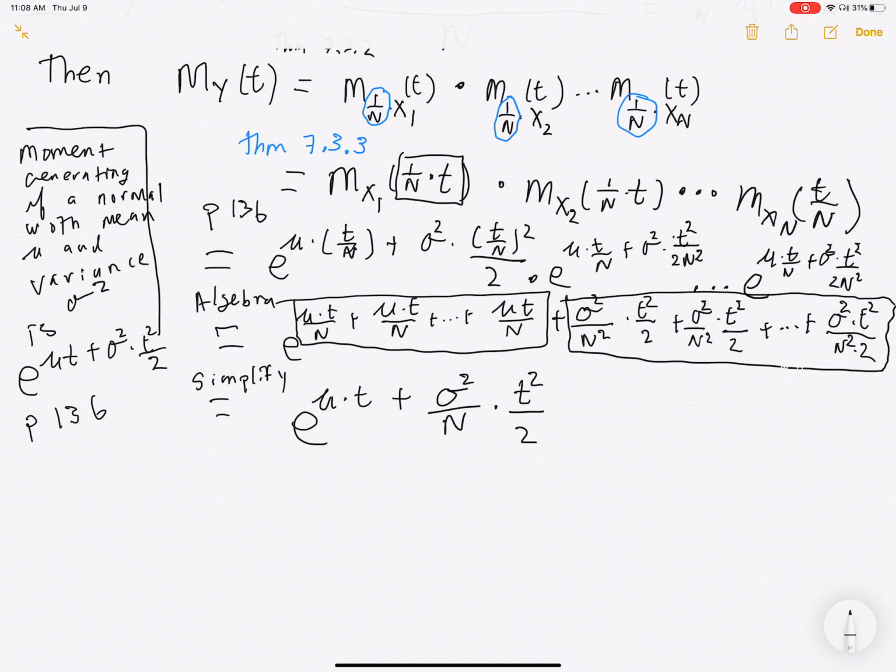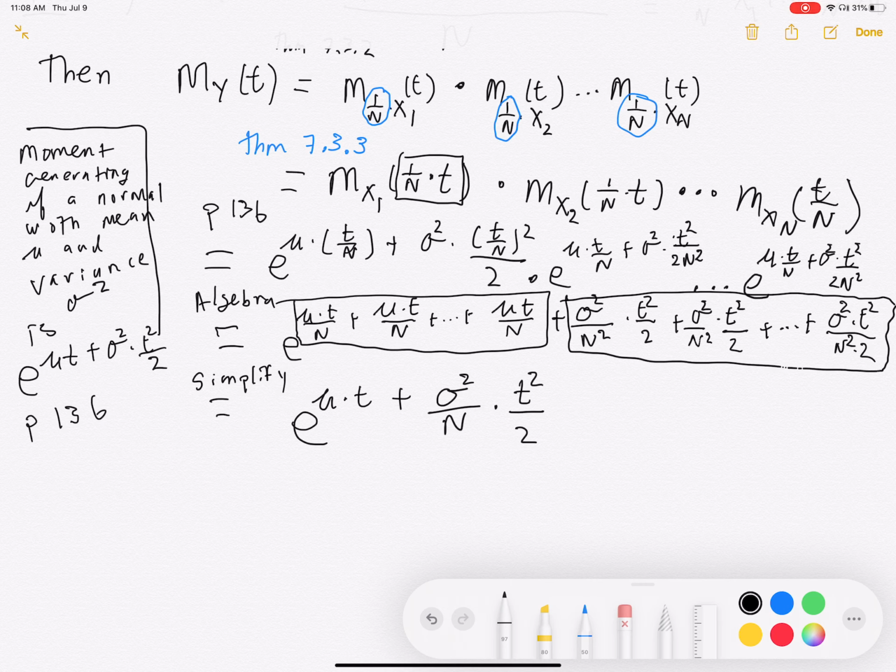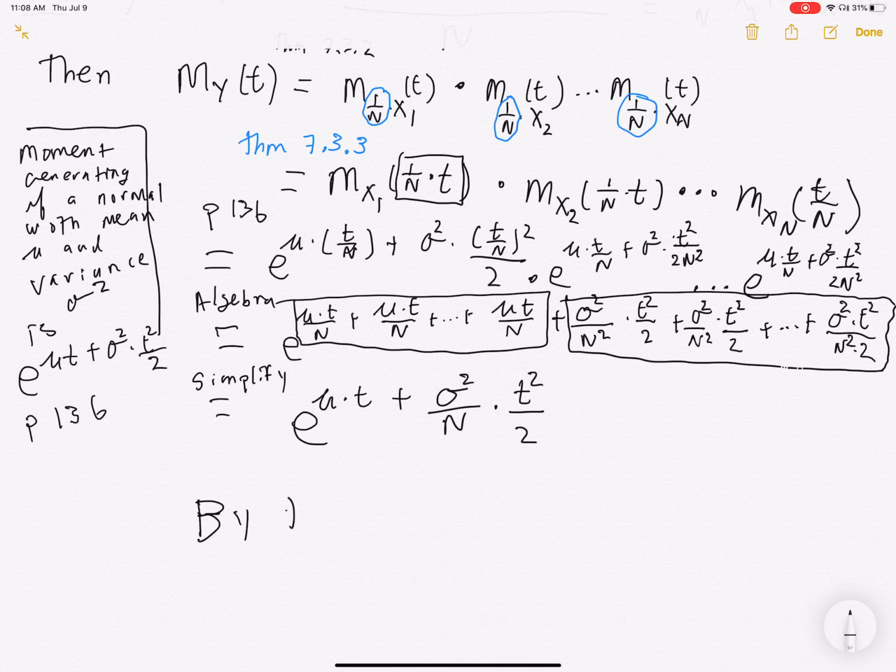Now remember that by Theorem 7.3.1, this is the moment generating function of a normal distribution.